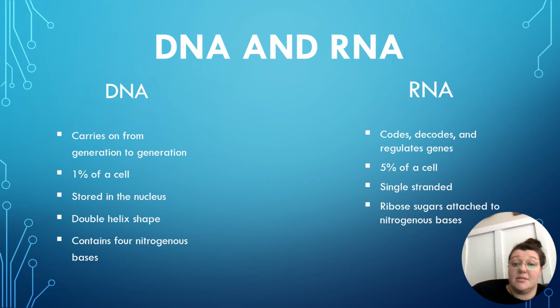RNA is different when it comes to the shape. We know that DNA, like we said, has that double helix shape, but RNA is actually single-stranded. Ribose sugars are actually attached to nitrogenous bases when it comes to RNA. So DNA, RNA, big role in our genetic makeup.